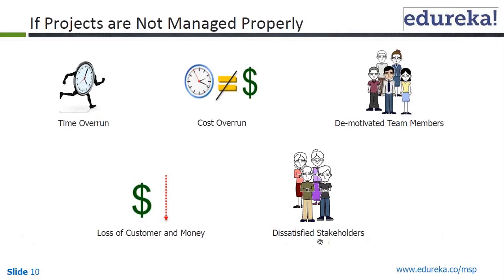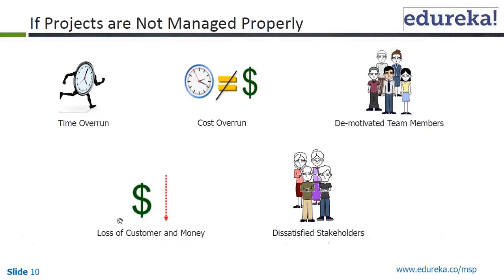And you have dissatisfied stakeholders. They will not come back to you as a project manager because they know you didn't do the job well, so you will not essentially get the projects. But the bigger damage is losing the customer, because losing revenue is a little less bad. Losing the customer is very bad.